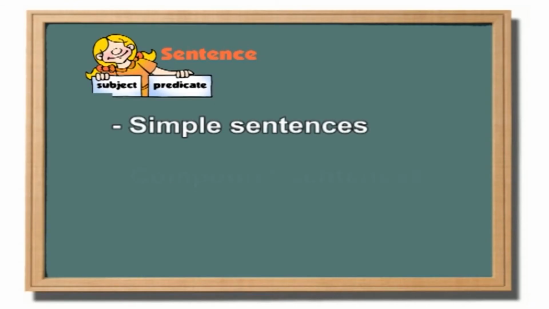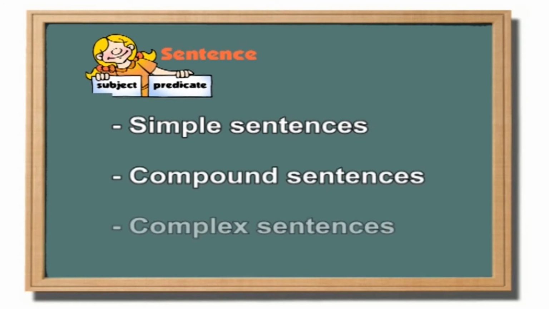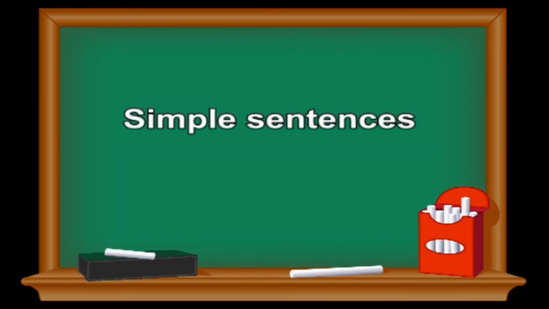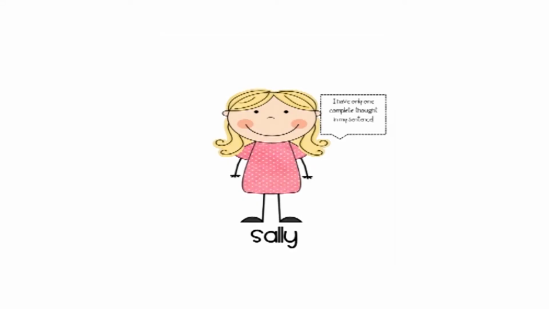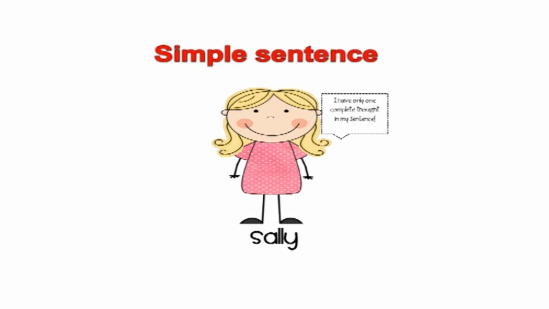Using these sentence fragments, sentences are structured in three different ways. They are simple sentences, compound sentences and complex sentences. We will now see each of them in detail. Simple sentence. As the name describes, the most basic type of sentence is the simple sentence.